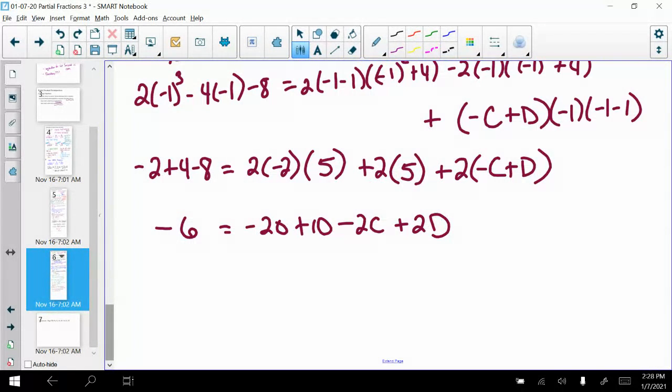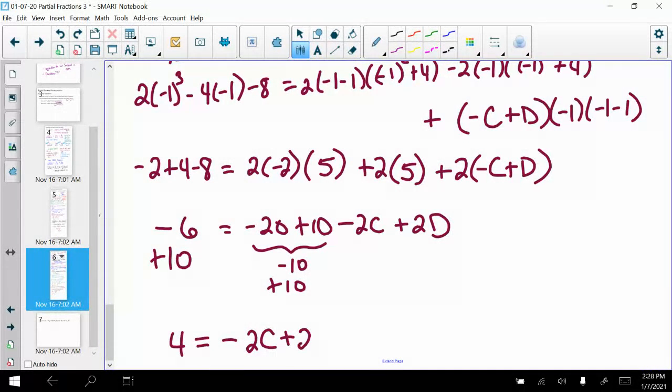So this is effectively negative 10 on this side, right? So if we add 10 to both sides, then this would be 4 equals negative 2c plus 2d. Let's do that same divide by 2 thing so that we get 2 equals negative c plus d.